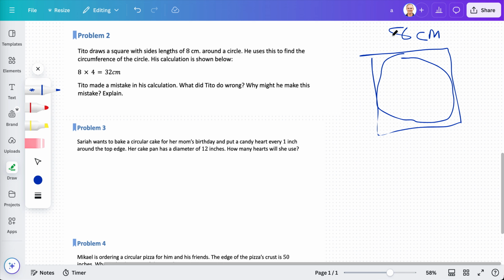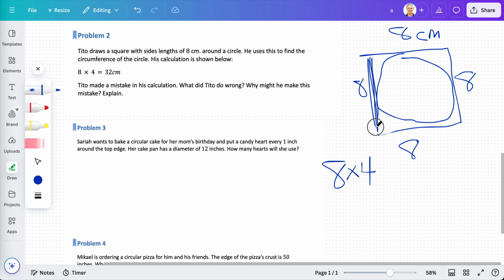Well, what he did, 8 times 4, he assumed that the circle would fill the square.